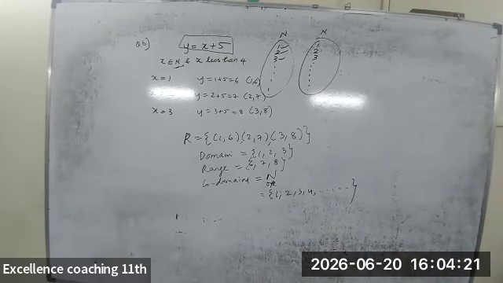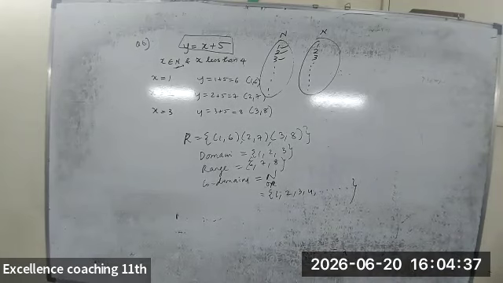Define a relation R from A to B such that the difference between X and Y is odd. So now there is no formula given. You just have to see that the difference X minus Y should be odd. So you can use Cartesian product also and check.